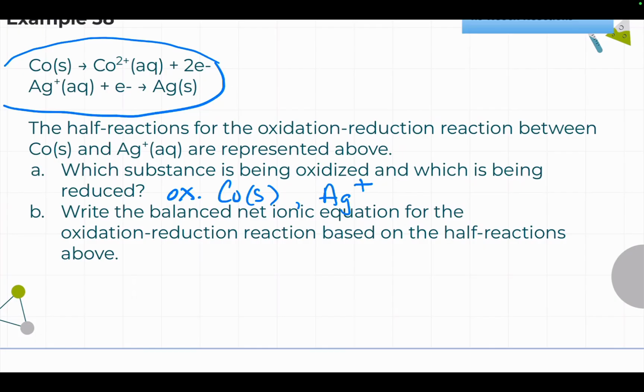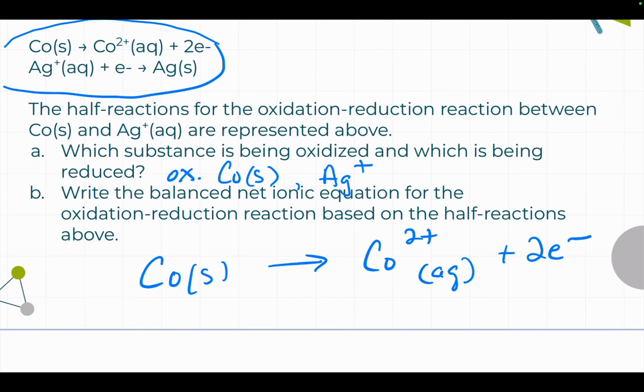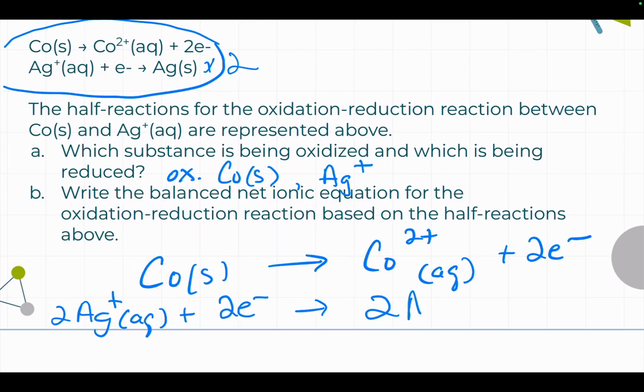When I try to write the net ionic equation, my cobalt is going to turn into cobalt ions, my oxidation half reaction. And then my reduction, I am going to want to multiply that by 2. So I would have 2 silver ions plus 2 electrons, and then I get 2 silver neutral atoms.